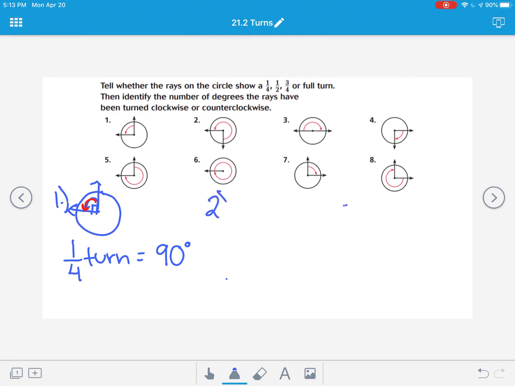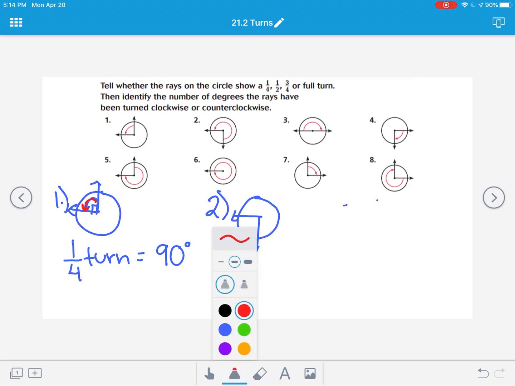All right, number 2. Again, we need to draw out a circle. Let's draw out the lines. This time it's starting from that bottom arrow around the circle to the top. So looking at that part of the circle that we've covered, that is 3/4 of the circle.